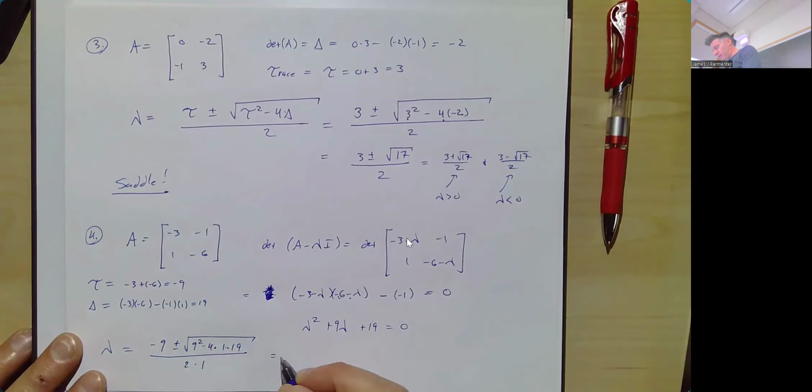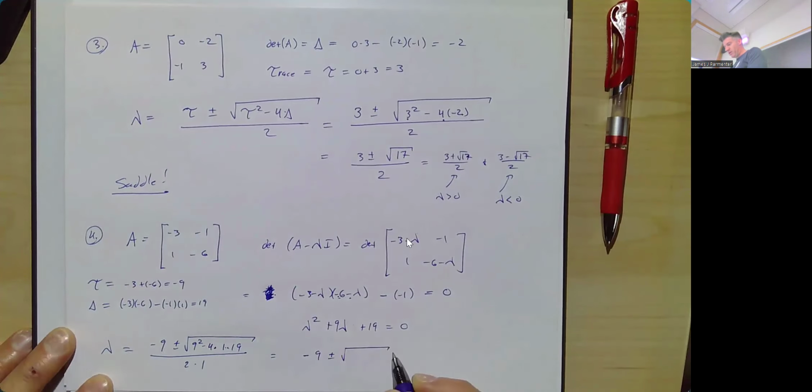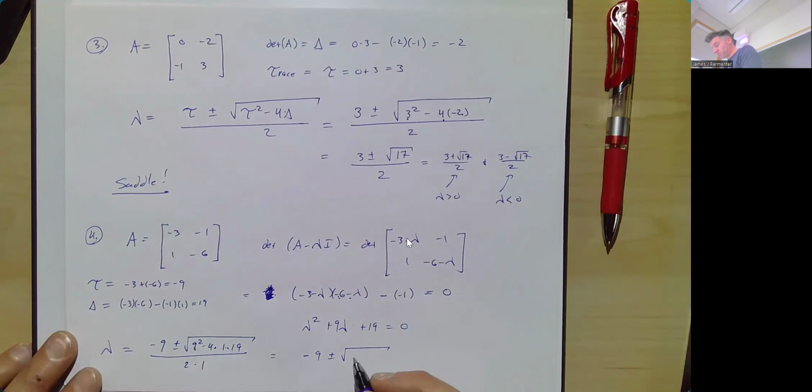And then if we simplify this, I've got -9 plus or minus the square root of 9 squared minus this, hopefully. If this was going to be negative inside here, then I would have to start talking about spirals. It's barely positive. 9 squared is 81. 4 times 19 is 4 less than 4 times 20, which is 4 less than 80, which is 76.